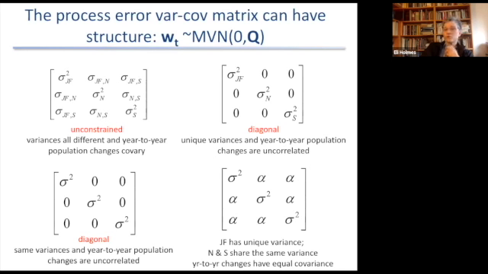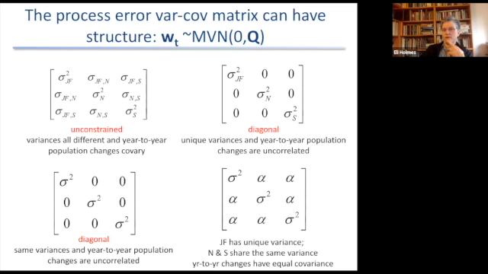What about the Qs? The Qs also can express some different ideas about how we think the populations are related to each other. So if we start here, this says that we think that the year-to-year variability in population growth is the same, the variance is the same, and they're independent of each other.